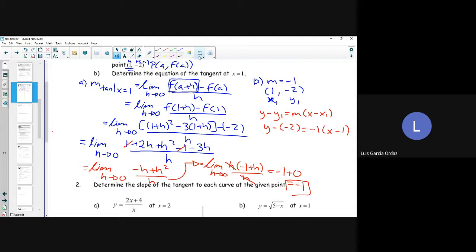So now I'm going to get y plus 2 is equal to -x plus 1. Okay? And remember, we want to change it into standard form. So let's bring my x over and my +1 over to make everything nice and sweet. So we get x plus y plus 1 is equal to 0.